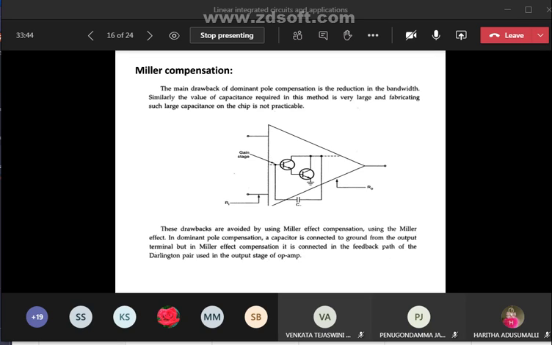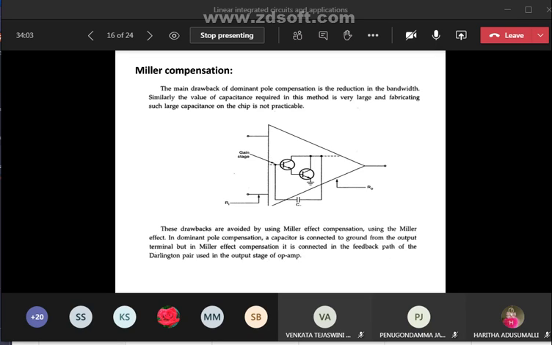In dominant pole compensation, the capacitor is connected to ground from the output terminal, but in Miller effect compensation, it is connected in the feedback path.